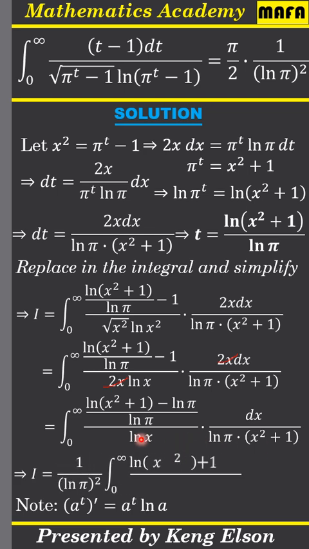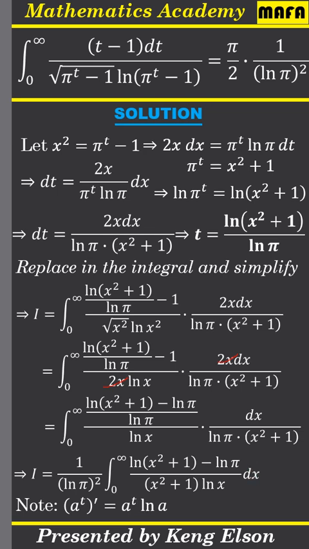Okay, now you realize that the ln of pi goes to the denominator and meets with this ln of pi to give us 1 over the ln of pi, all that squared. Now our numerator just becomes ln of x squared plus 1 minus the ln of pi, all that now divided by, we have x squared plus 1 times the ln of x, then dx.